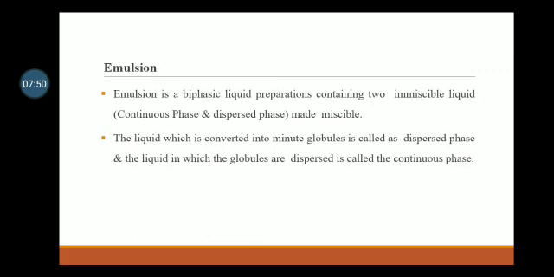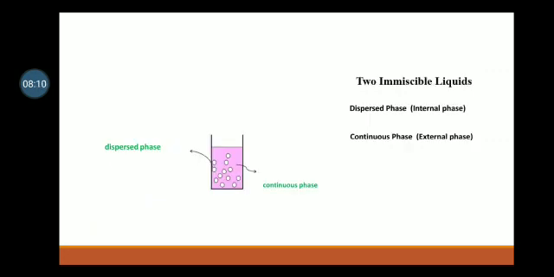Emulsion. Emulsion is a biphasic liquid preparation containing two immiscible liquids, a continuous phase and a dispersed phase. The liquid which is converted into minute globules is called the dispersed phase, and the liquid in which the globules are dispersed is called the continuous phase. So this is an example of emulsion.